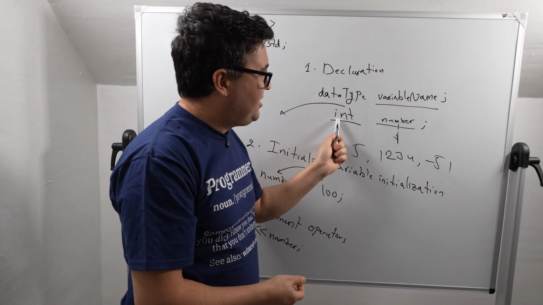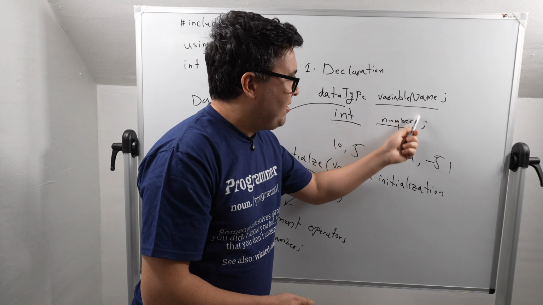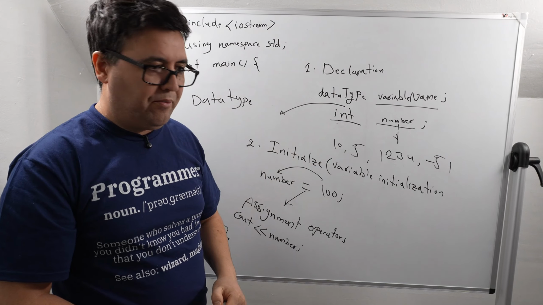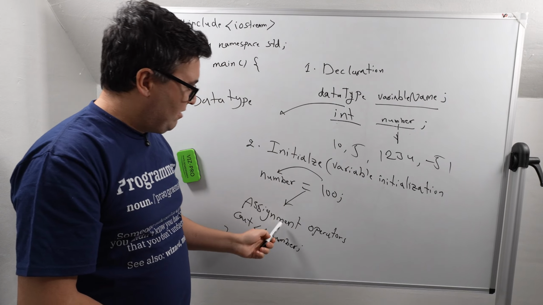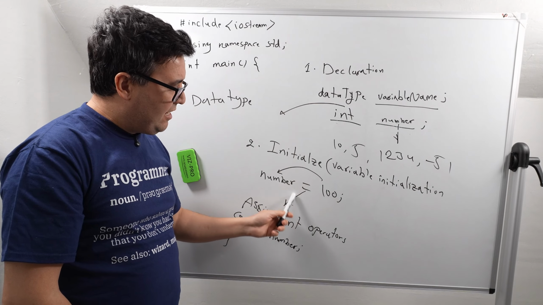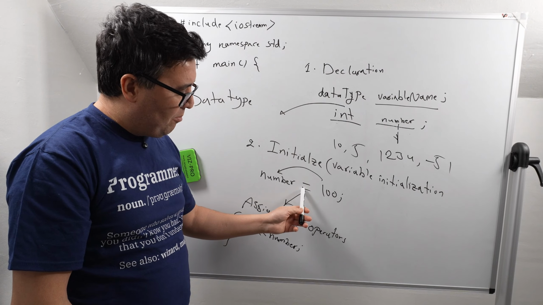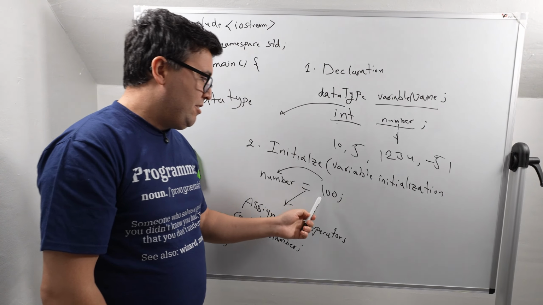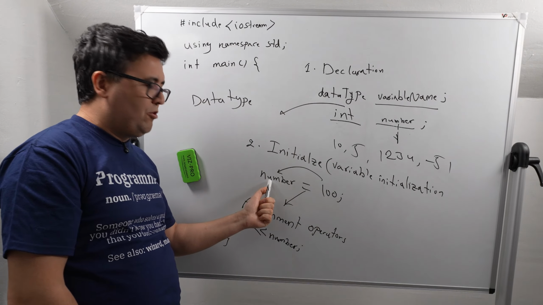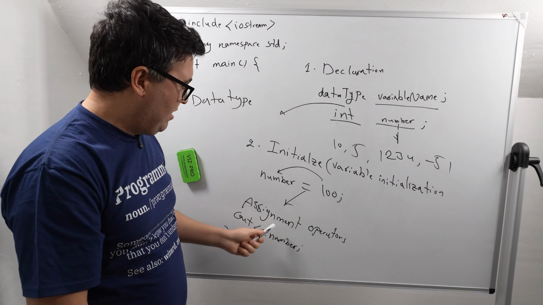When the CPU sees this statement, it checks that number is a variable and it can only store whole numbers, which is integer. Then we initialize this variable in the second phase. We use the equal operator, or the assignment operator, and we assign a value to our variable. This 100 is a value stored inside number, and then we can use the variable, like print out its value.